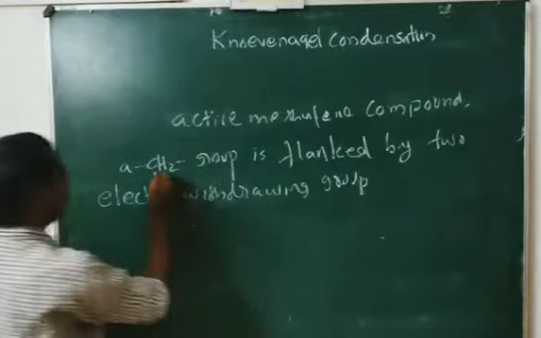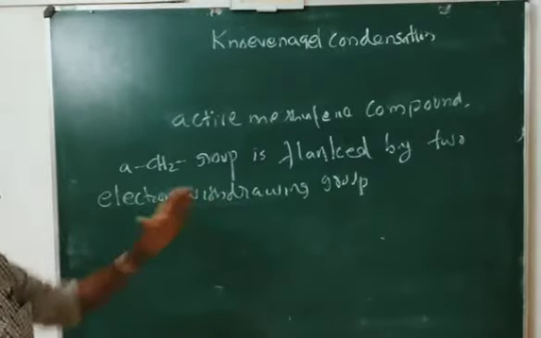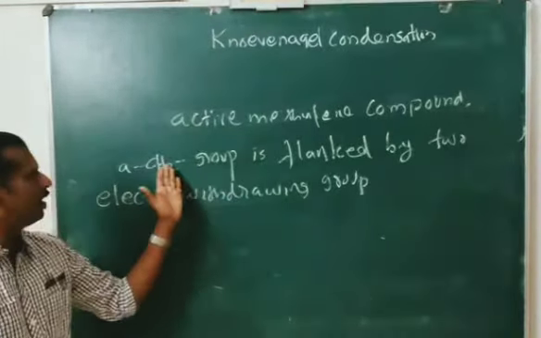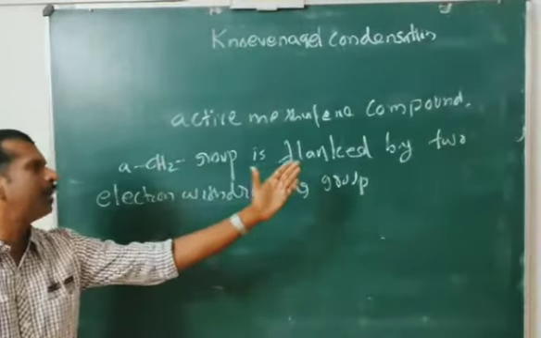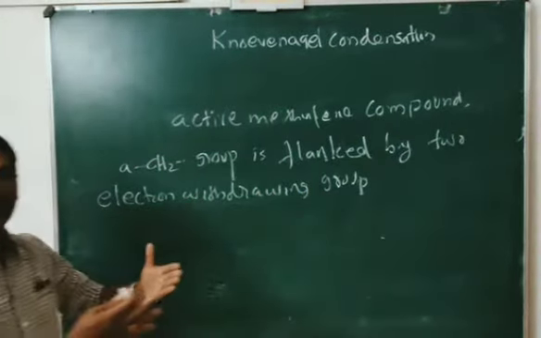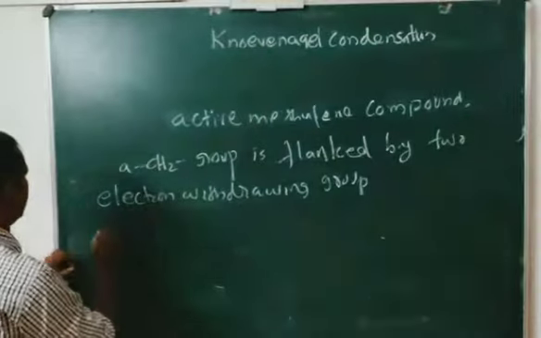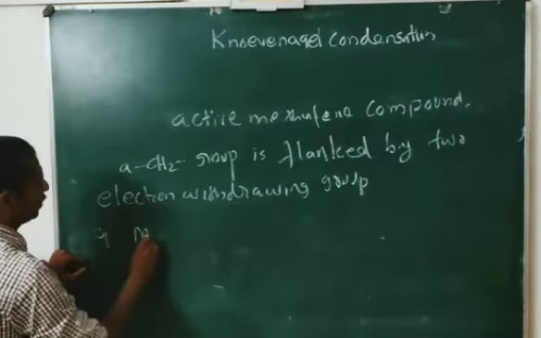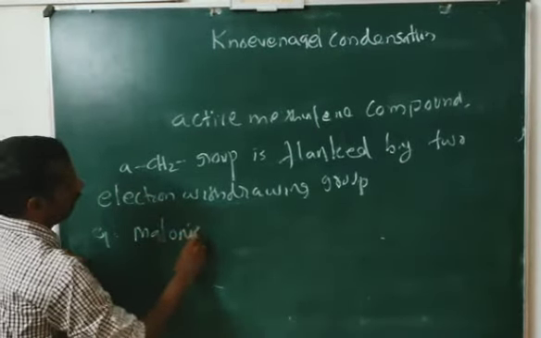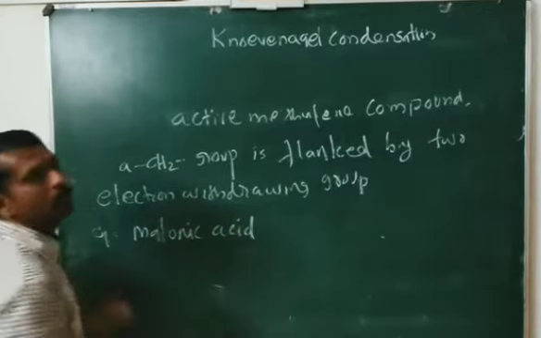So what is that? A CH2 group is flanked by two electron withdrawing groups. What is the meaning of CH2 group flanked by two electron withdrawing groups? Let us discuss with an example. Example is malonic acid. This is an active methylene compound, malonic acid.